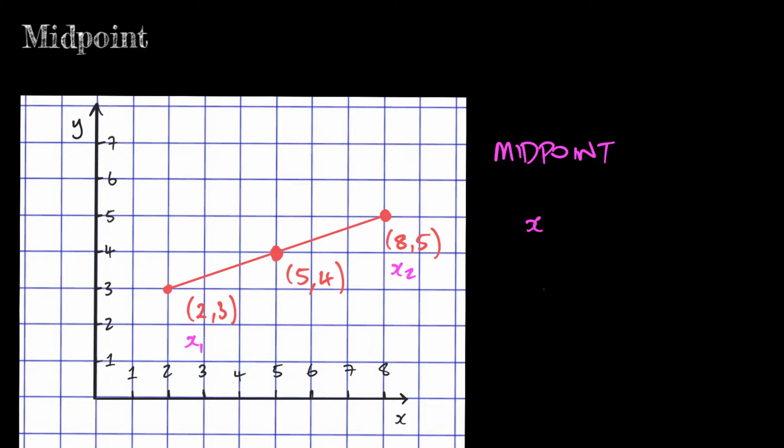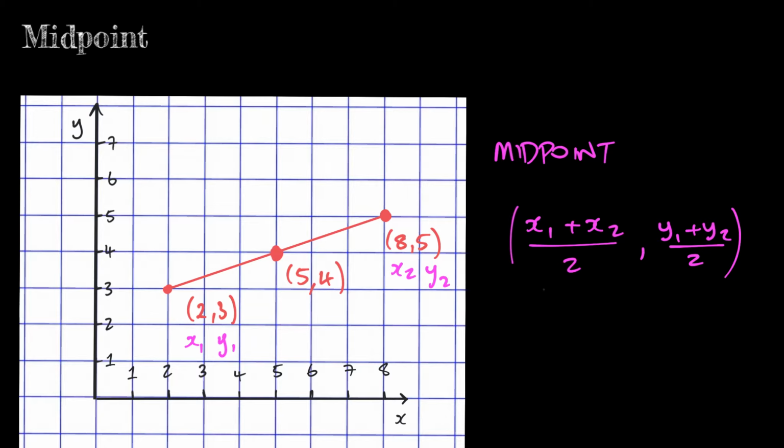So x1 plus x2, divided by 2, will be my x coordinate. And to get my y coordinate, I'll say y1 plus y2, divided by 2.